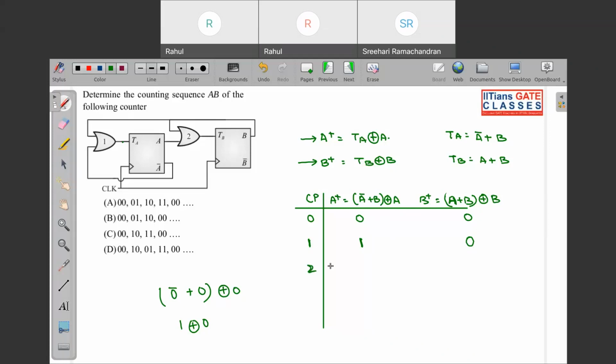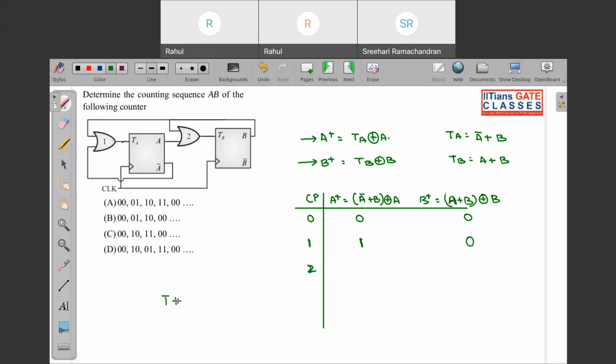Yes. See, at the second clock pulse, these are your present state. This is A equal to 1, B equal to 0. With the help of this, we are going to calculate the next state. So if these are your present state, then you can put over here A is 1.